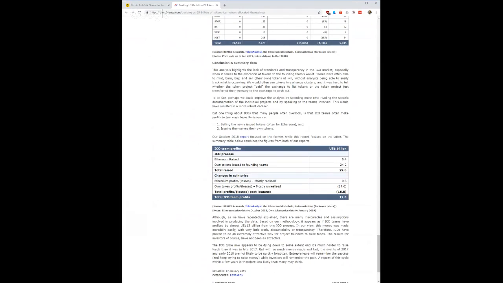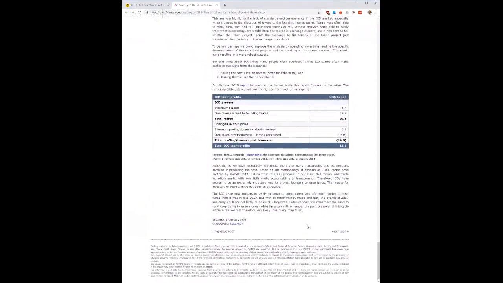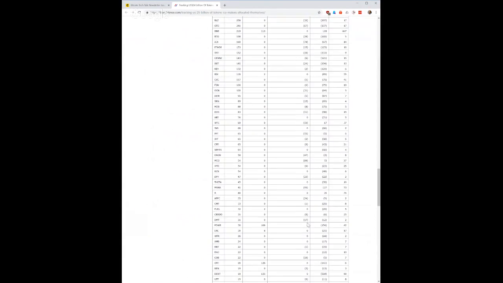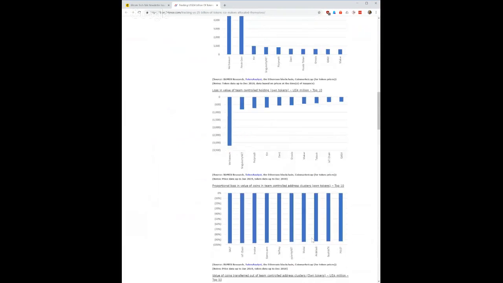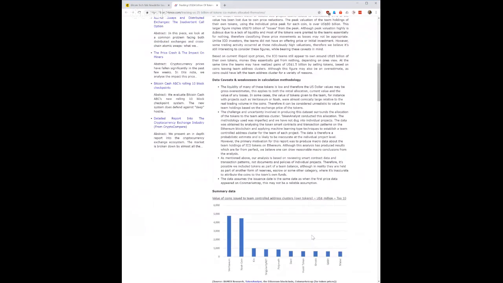Imagine if people just invested in Bitcoin instead. It boggles the mind. Anyway, there's a lot of interesting data in this, and I totally hope that you guys read this and think about where the space is going with respect to that.